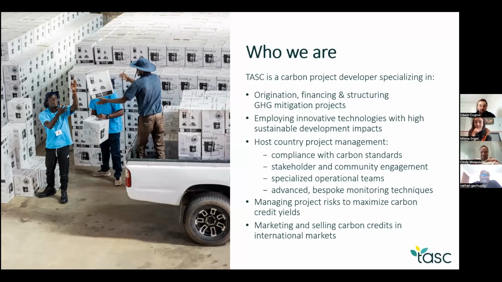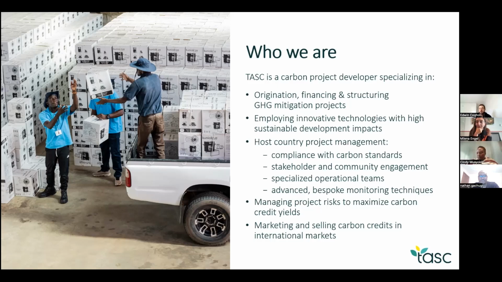We are still a relatively small outfit, although we are small, we have quite a big footprint of projects across Southern Africa, and we're also now starting out in Australia and Southeast Asia. So who we are as Task: we are a carbon project developer, and we specialize in developing high impact greenhouse gas mitigation projects.